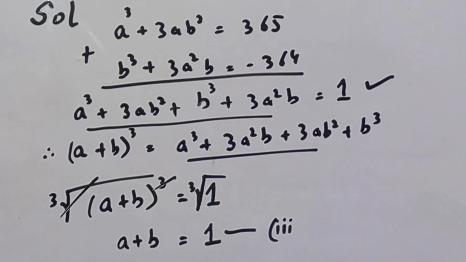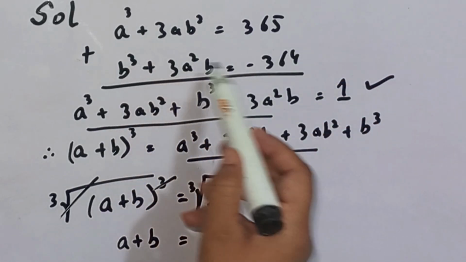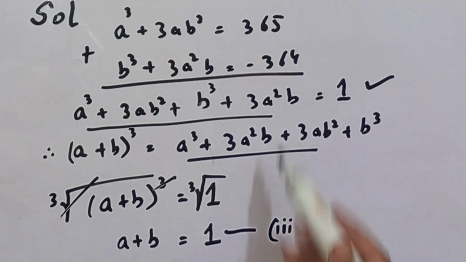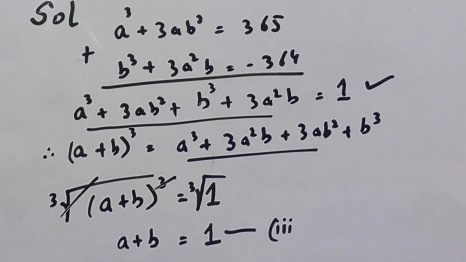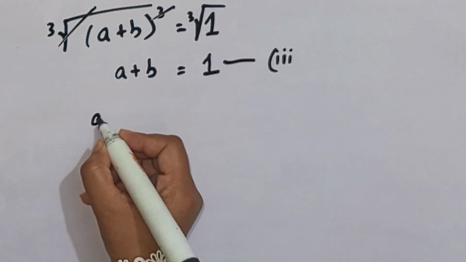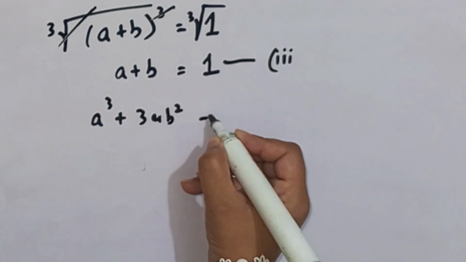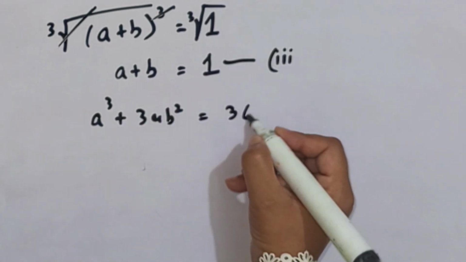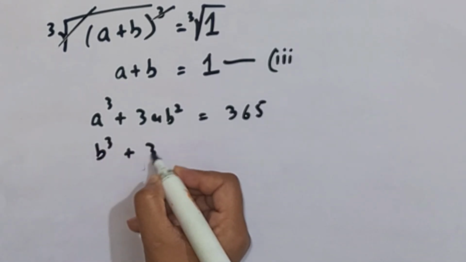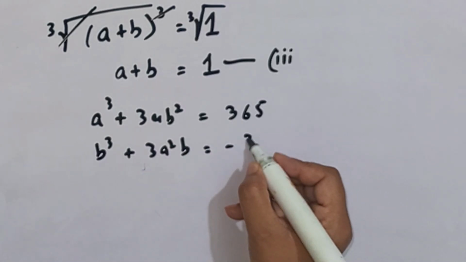Now focus on these two equations. In this step we add these two equations, and we get the third equation. Now what will happen if we subtract these two equations? Our first equation is a cube plus 3 a b square equal to 365, and the second equation is b cube plus 3 a square b equal to negative 364.